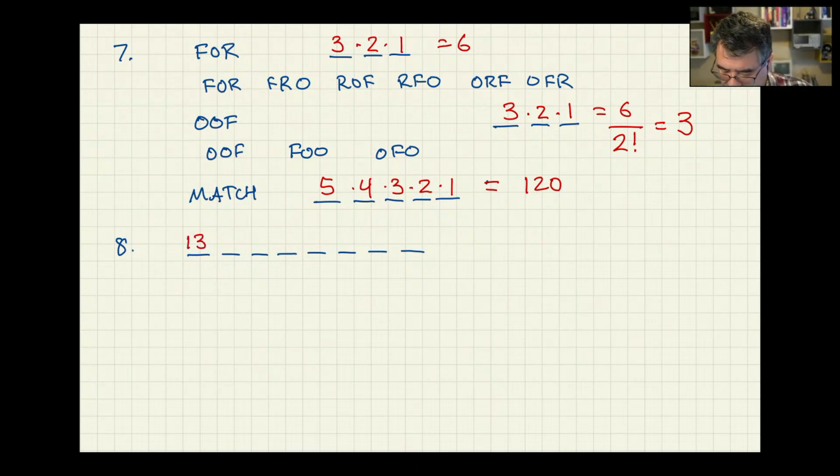So there are 13 possible songs that could play first. There are 12 that could play second, 11 that could play third. We're assuming here that Spotify is not going to play the same song again, that it's not going to duplicate the songs. Then 10, then 9, 8, 7, and 6. If we just multiply those together, we'll get our answer.